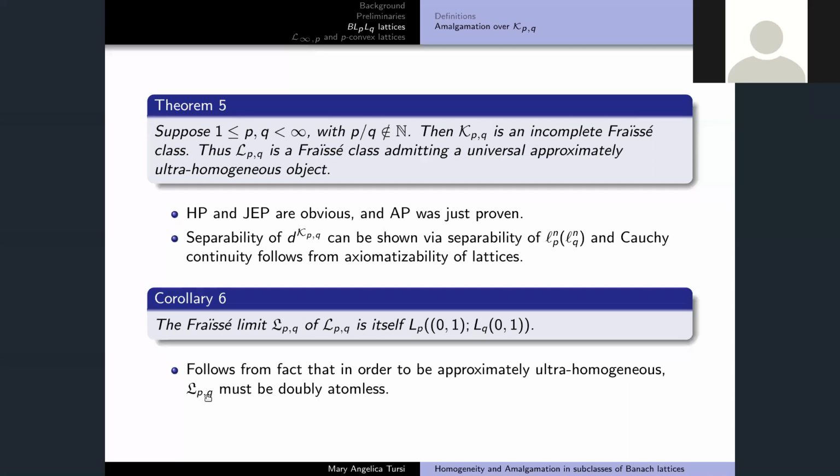So this Fraïssé limit, this universal object, has to be doubly atomless, and up to isometry, there's only one such space. So that gives us LP of [0,1], LQ of [0,1] as our only candidate for being the Fraïssé limit of LPQ. And this mirrors the case with LP being the Fraïssé limit of the little LPNs, and the little LPNs are themselves an incomplete Fraïssé class.